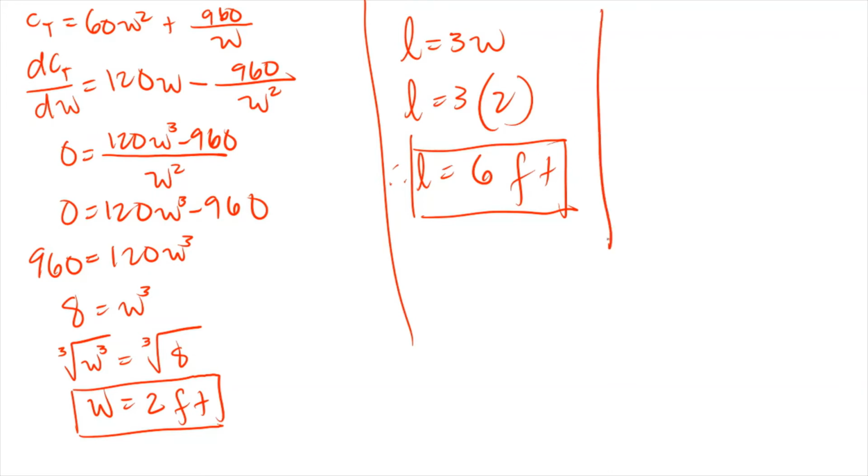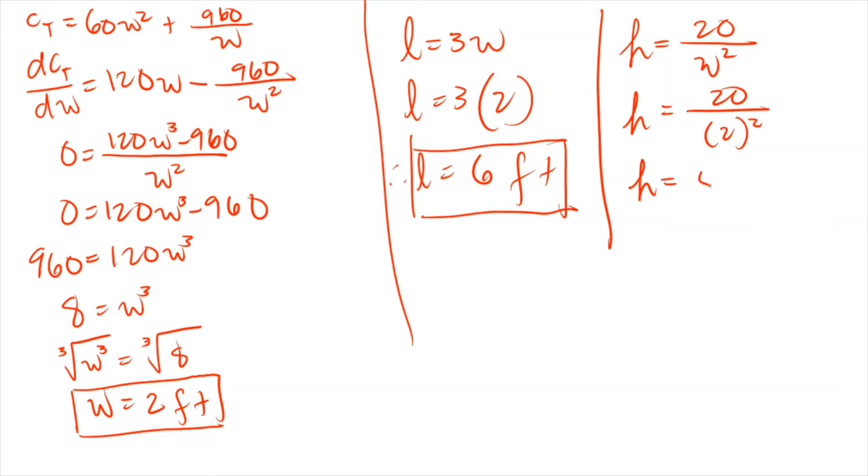And then lastly, solving for the height, we obtained the equivalent expression for the height earlier as 20 over W squared. So let's plug in W equals 2. So we get 20 divided by 4. Therefore, H is equal to 5 feet.